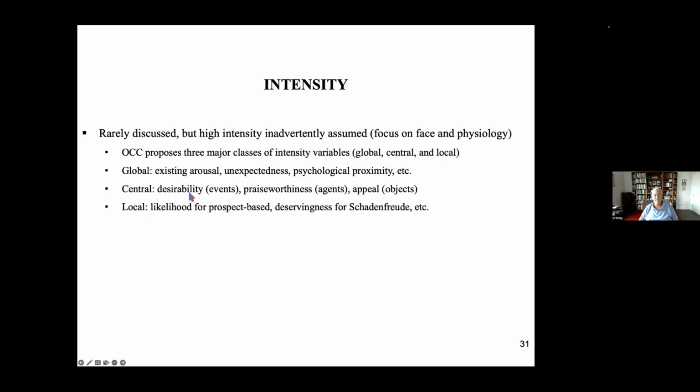The central intensity variables are very easy. They're the desirability, praiseworthiness, and appeal, the ones located with the three branches. And the local variables are ones which apply only to local emotion groups within a branch. So for prospect-based emotion, the likelihood of an undesirable event that's envisaged is going to influence the intensity, or how deserving or undeserving you think somebody is for whom you feel Schadenfreude will influence its intensity.